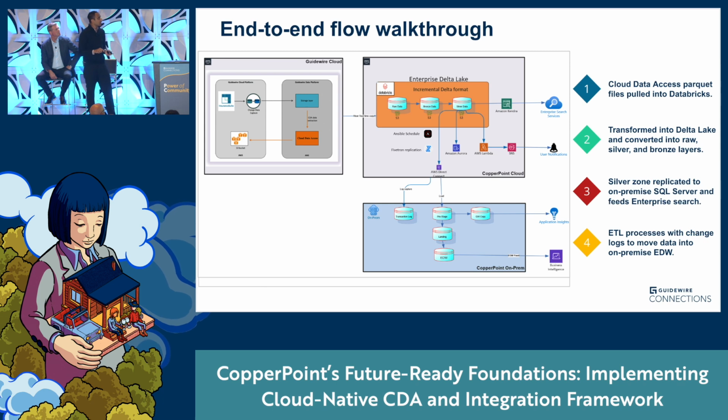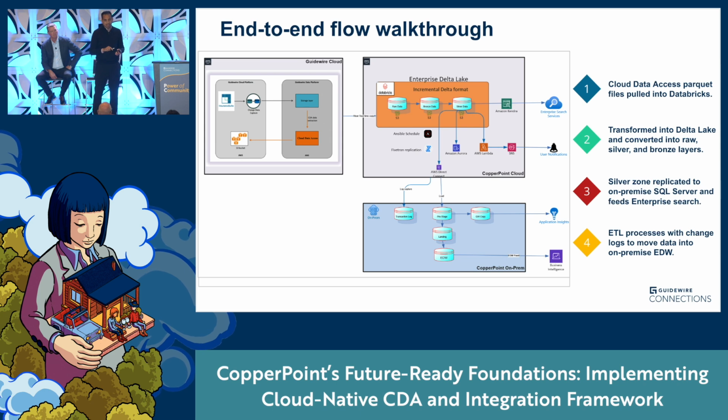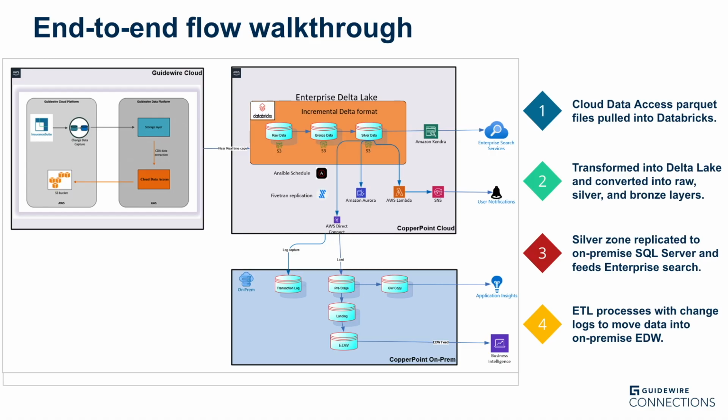Once the incremental data coming from the Insurance Suite app reaches all the way to the silver zone, we keep aggregating it throughout the day, and then at night, during a scheduled period, we push all of this data through an Ansible job, which triggers a powerful Databricks process that takes the latest snapshot of silver data and pushes it through our AWS Direct Connect dedicated network to our on-premise environment.